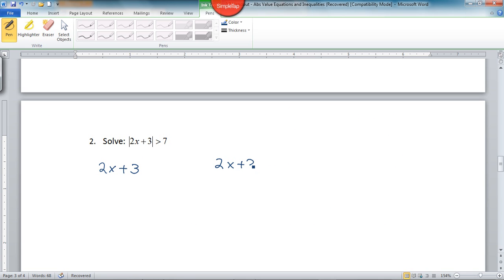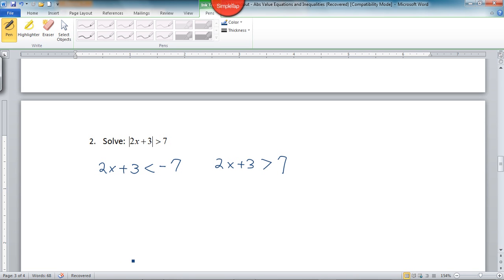And this second one, the second one is just kind of dropping off the absolute value there, and just make it 2x plus 3 greater than 7. Now the first one, remember what we did there? Well, we changed it to a less than, and we changed this to a negative 7. If we solve those two inequalities, that's going to be our solution set for this particular inequality.